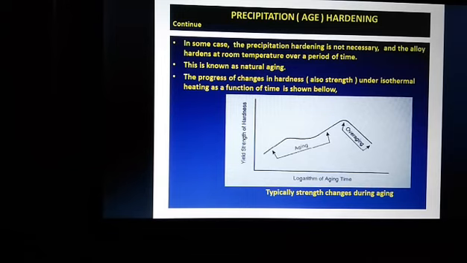In some cases, the precipitation heat treatment is not necessary, and the alloy hardens at room temperature over a period of time. This is known as natural aging. The progress of changes in hardness, and also strength, under isothermal heating as a function of time is shown below.